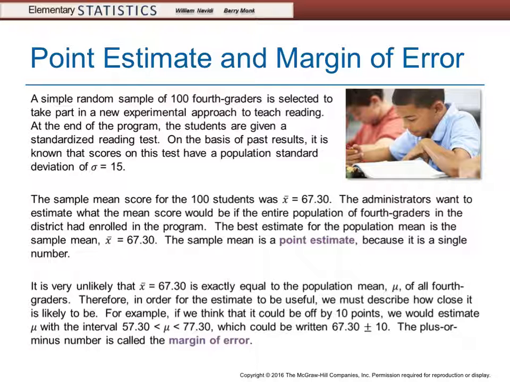Therefore, in order for the estimate to be useful, we must describe how close it is likely to be. For example, if we think that it could be off by 10 points, we would estimate mu with an interval between 57.30 and 77.30, which could be written as 67.30 plus or minus 10. We call the plus or minus number the margin of error.